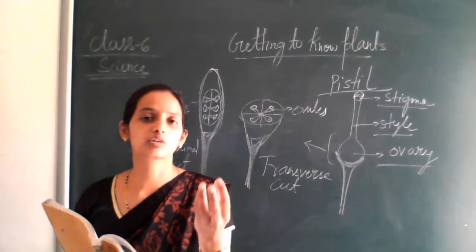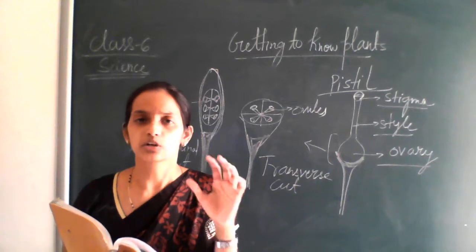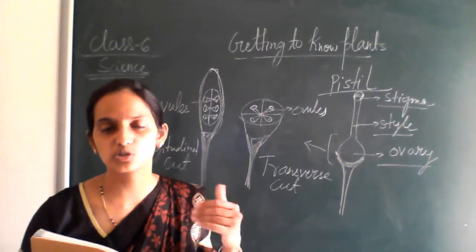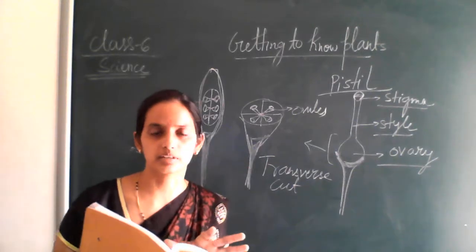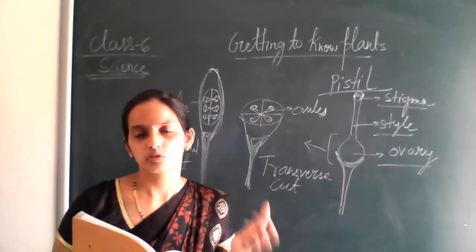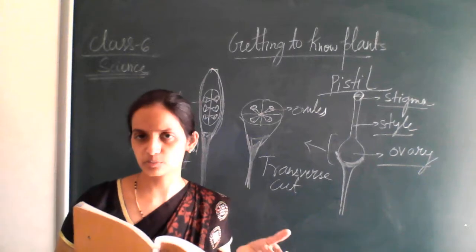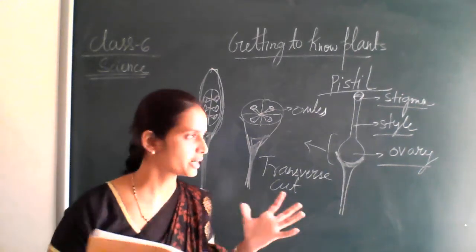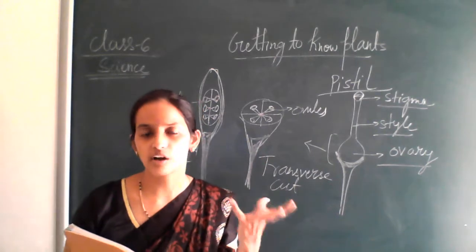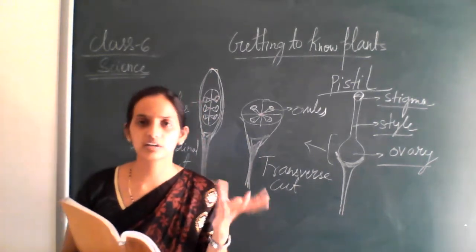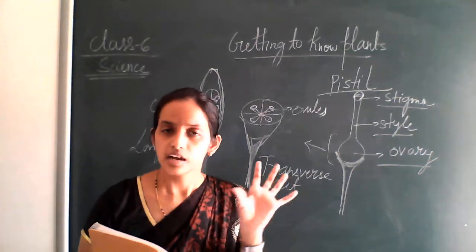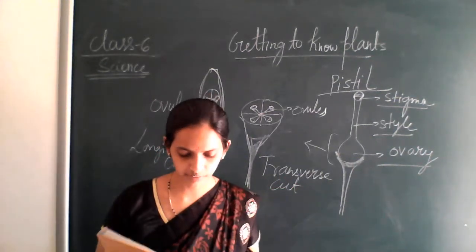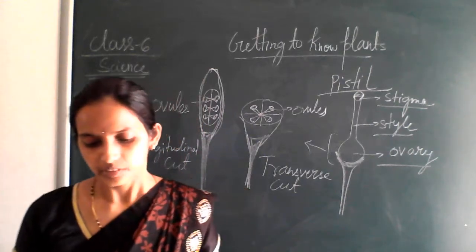If you take a small flower, you cannot use it to check the different parts of the flower, as the inner parts will also be very small and not easily visible to you. So better you select large flowers like your hibiscus flower, that is your dasal flower. In that flower you can easily identify the different parts of the flower, right?